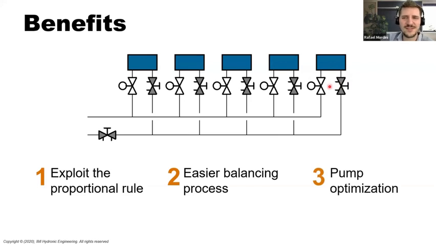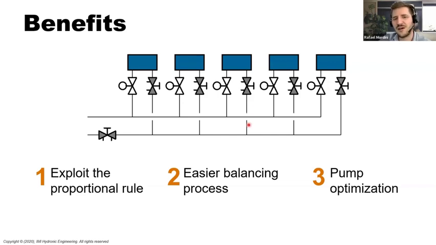guys, on the balancing is not just to achieve the design flow rate, right? Because we have to optimize the pump. The pump that is installed there is always oversized. It's oversized because the engineers, the mechanical contractor, have to ensure that the pump that's installed will be enough for the system. They can't risk installing a pump and during the TAB finding out that they are 10% short in pumping, you know?